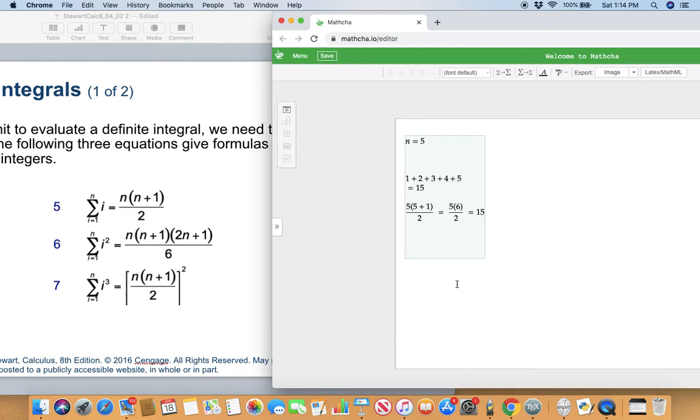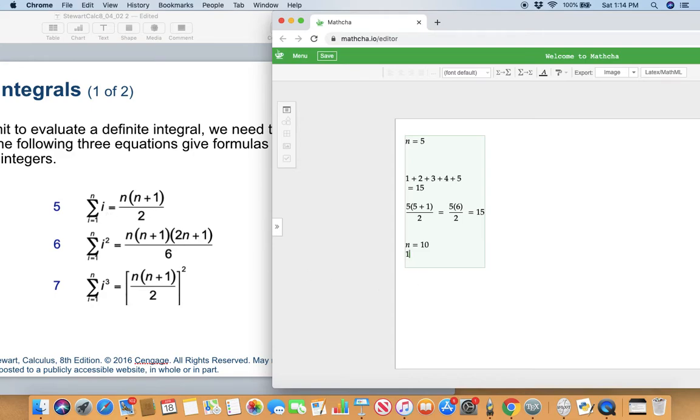You can try this game again. n equals, I don't know, 10. I'm looking at the first formula again, summation i.